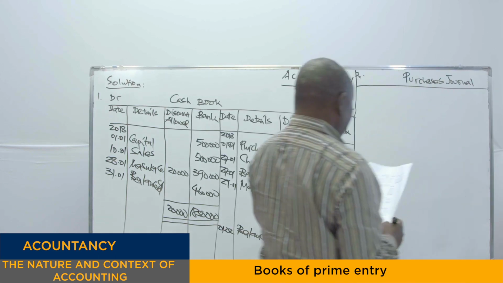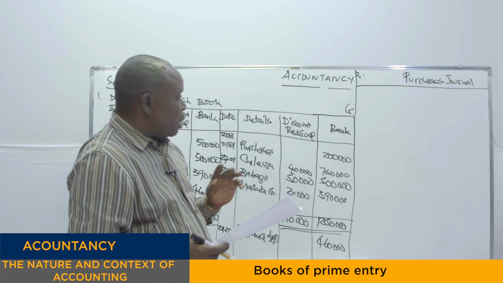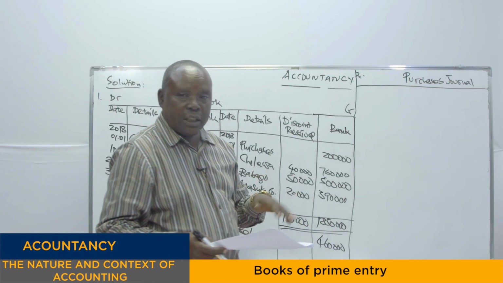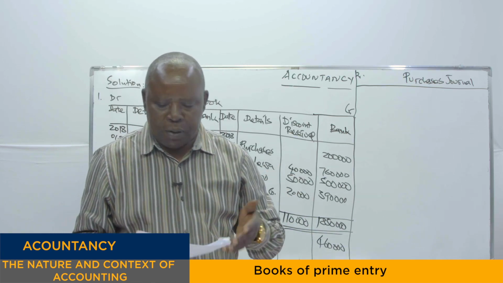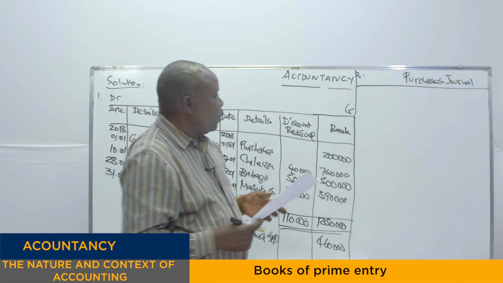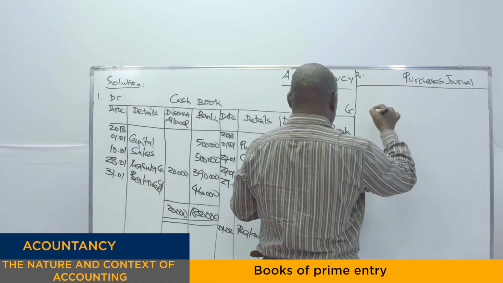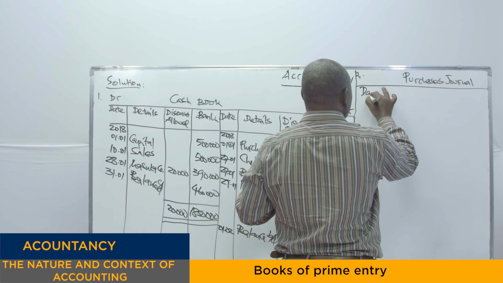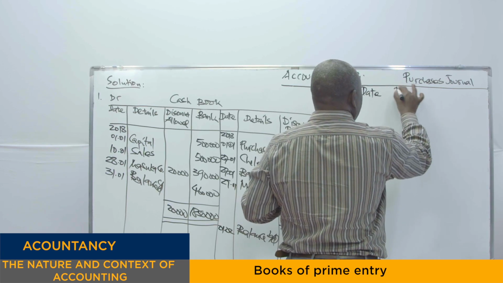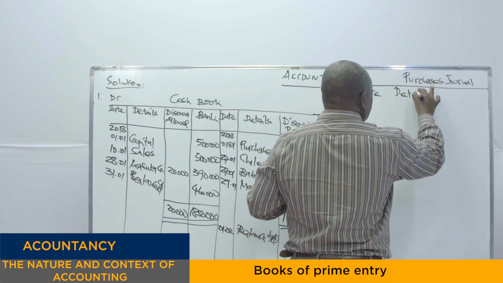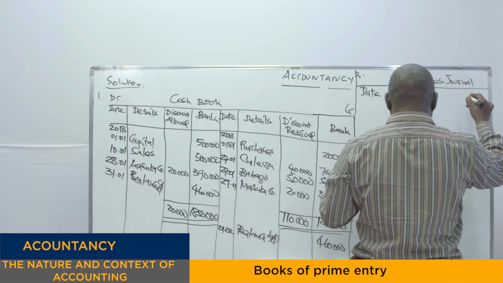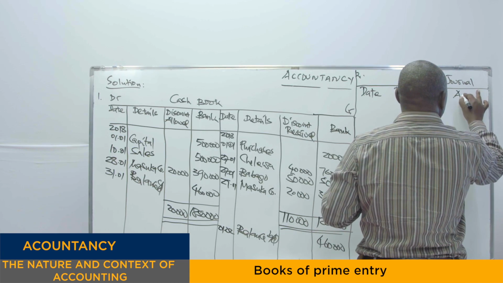So in the purchases journal, we have 3 columns. We have a column for date, we have a column for details or particulars, and we have a column for amount. So we write here date, details, and here it's amount.